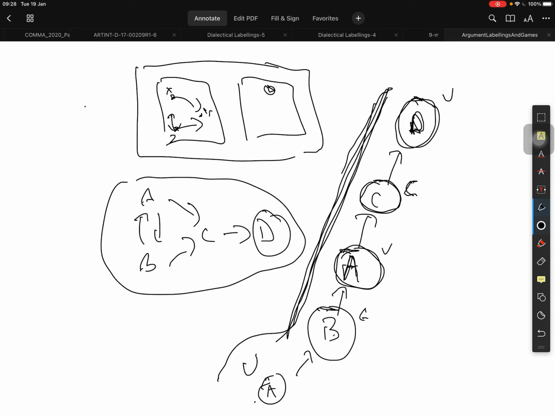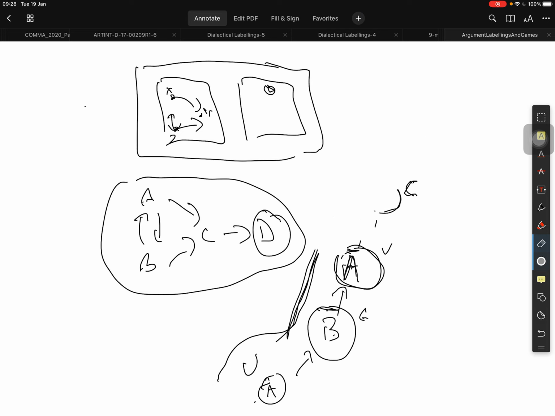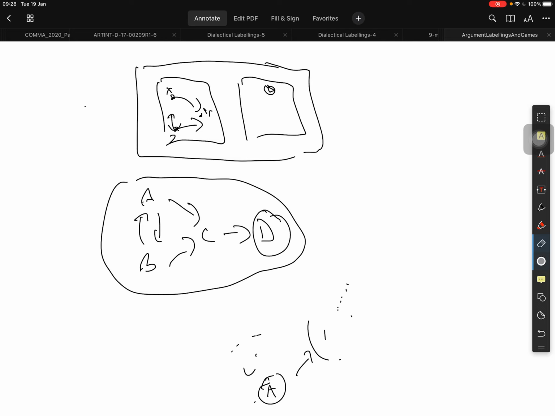Let me give you an example of the grounded game, which illustrates some other features of these argument games. So now we are interested in whether, let's say we have this framework again.